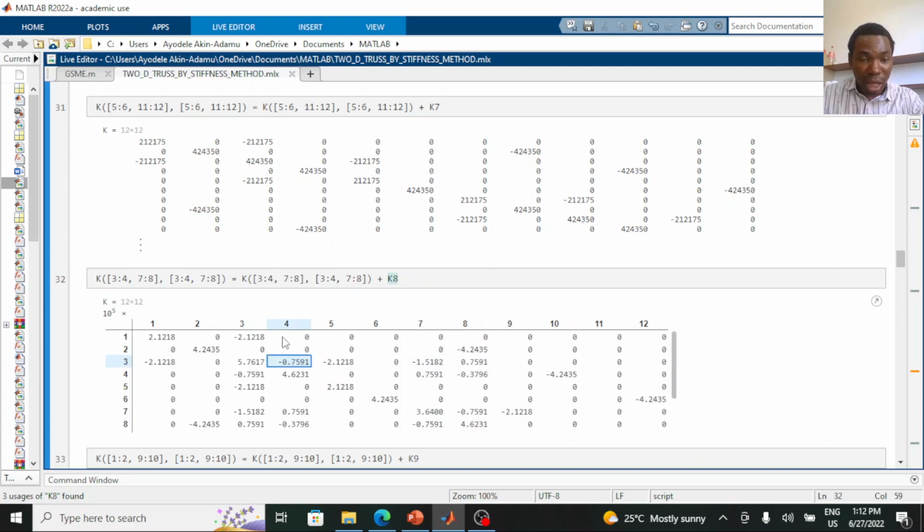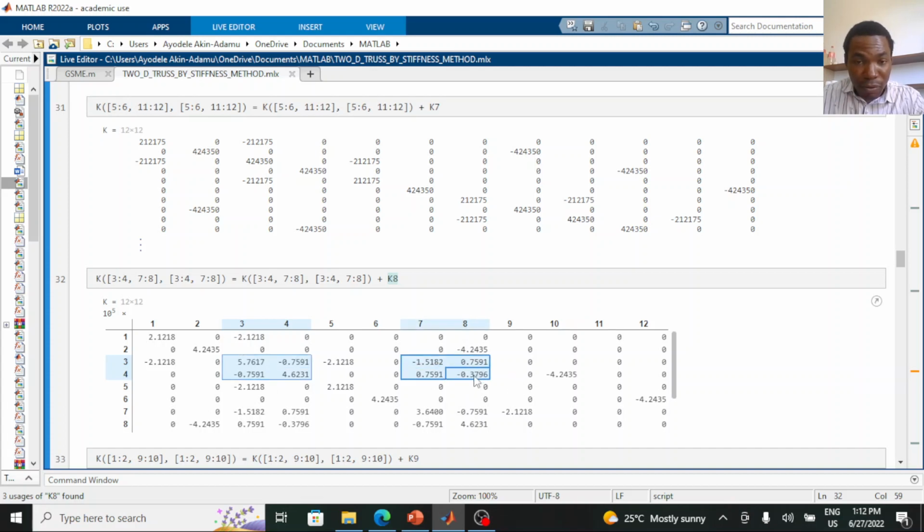So this is the K8 component. The local stiffness matrix is a 4 by 4 matrix. That's 16 components, 16 values. So this is one part of it: 3, 4, 3, 4. This is another part of it: 3, 4, 7, 8.